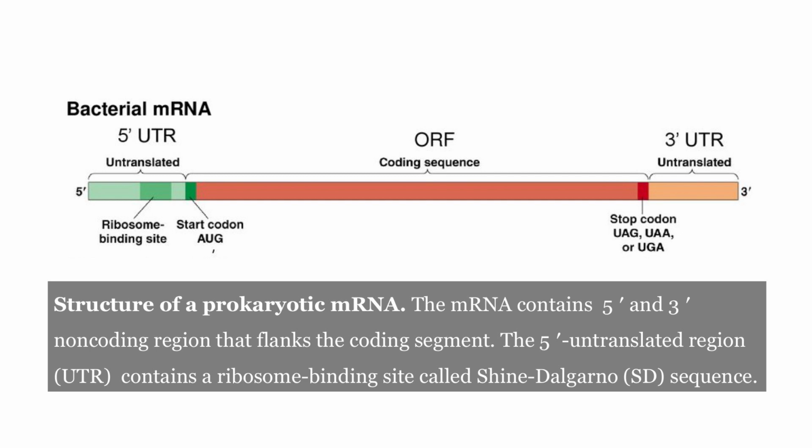We know the three classical RNAs: ribosomal RNA, transfer RNA and messenger RNA. Look at this table: ribosomal RNA by weight constitutes 80%, transfer RNA 15%, and the meager amount is messenger RNA.